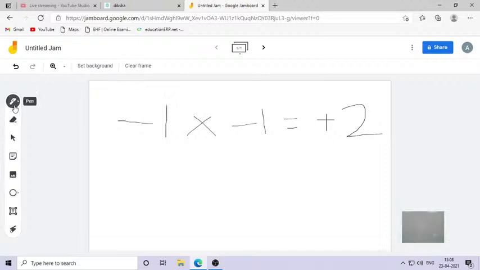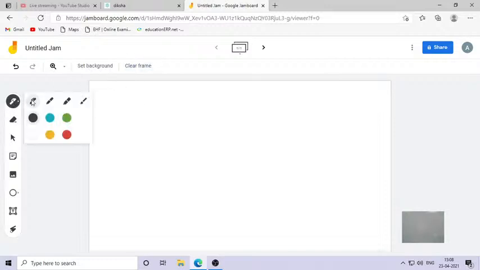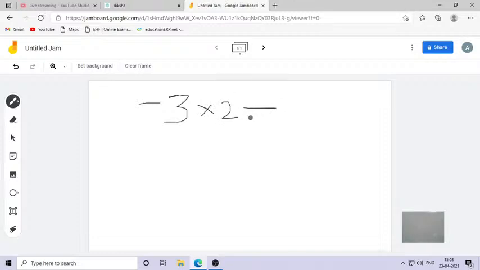Why the product of two negative is positive? If we see again, if we start with the pattern, okay, suppose now if I will take minus of 3 multiply by 2. What is the answer?